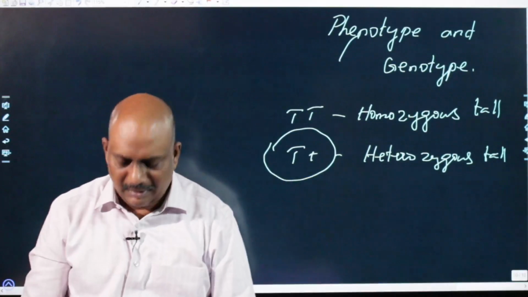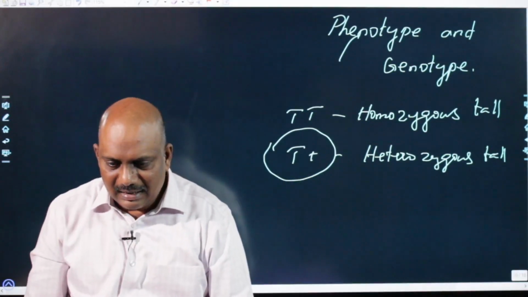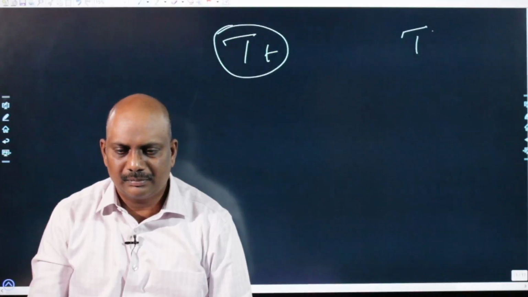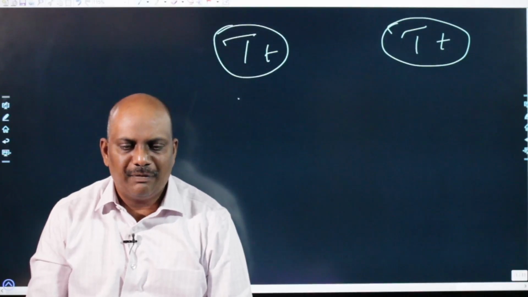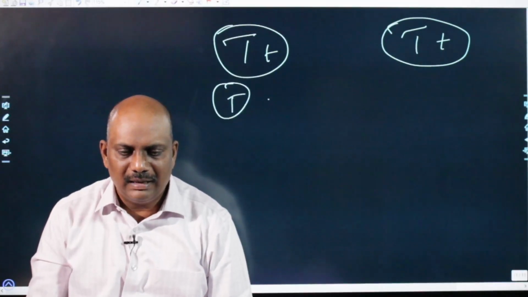Mendel's experiment. In the next step he collected seeds from the F1. Both the plants have this genotype. During gamete formation, this T will segregate.